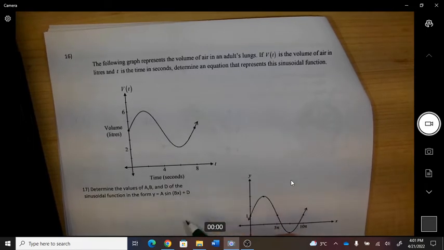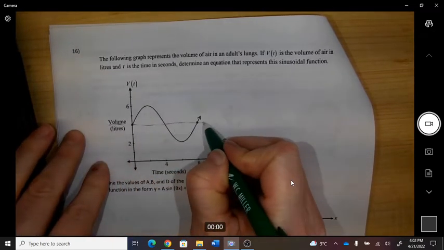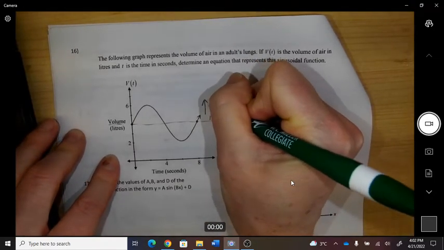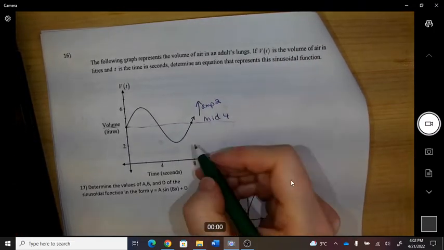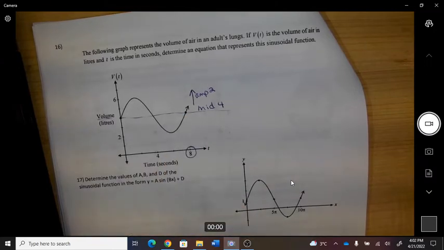Okay, here's a graph. Determine the equation of this sinusoidal function. So I need a mid of 4. I need an amplitude of 2. And 8 is the end of the cycle.